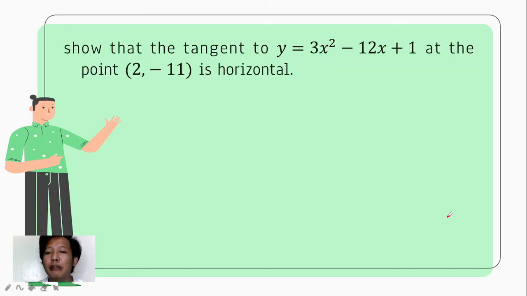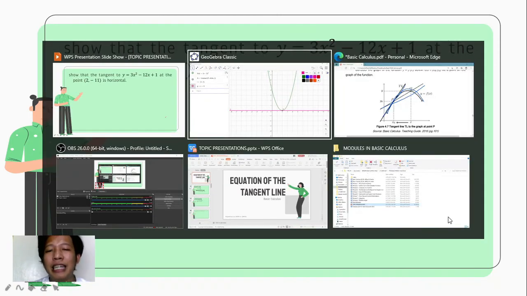Suppose we are to show that the tangent line to y equals 3x squared minus 12x plus 1 at the point 2 comma negative 11 is horizontal. Okay? So, dito, balik rin natin yung process. Gawin natin, i-graph muna natin yung function.